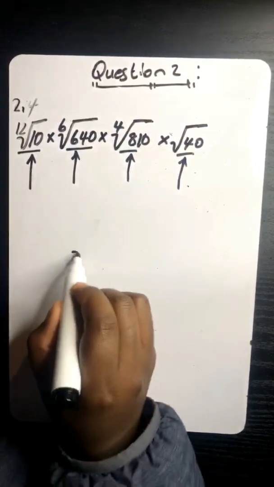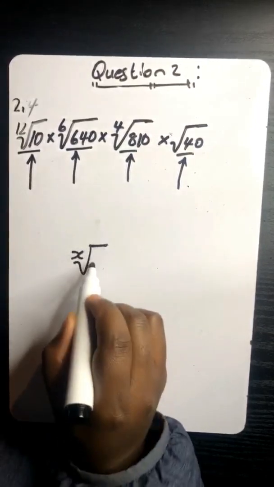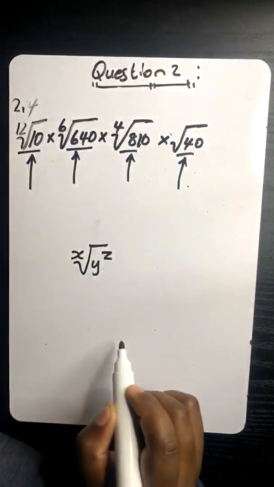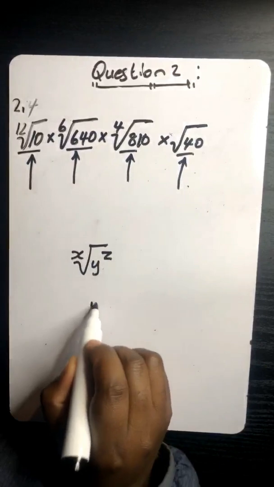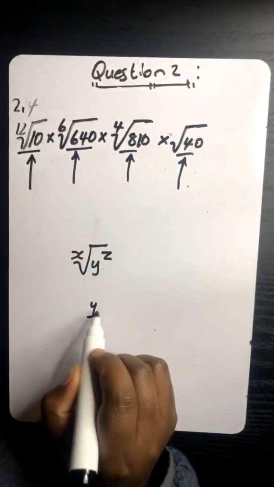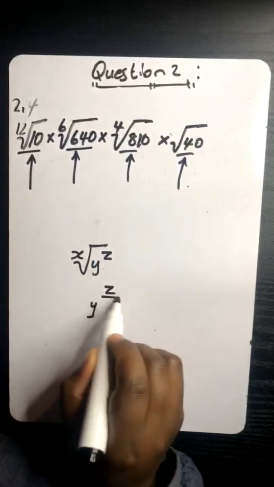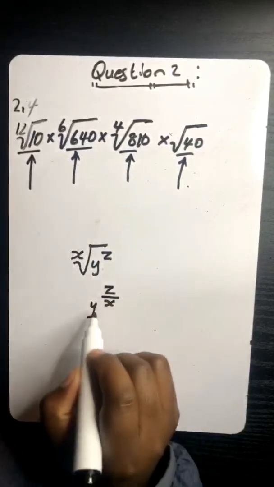There's a rule which says, for example, this thing is the same as y to the power of that z as numerator over that x.